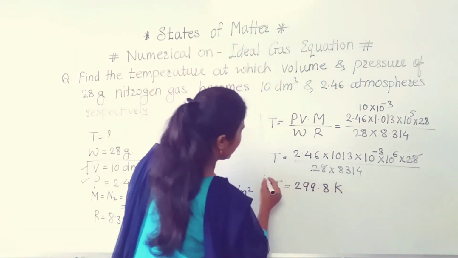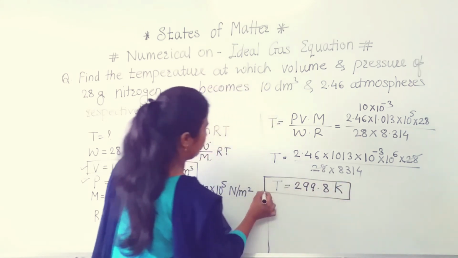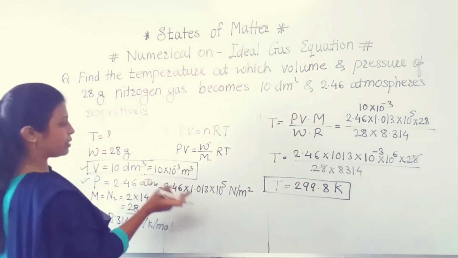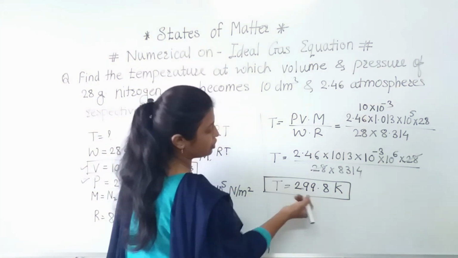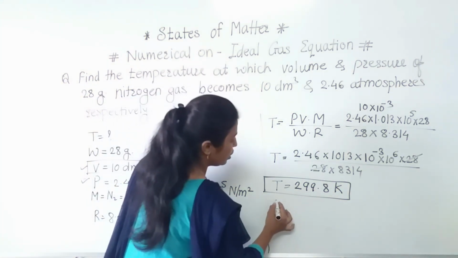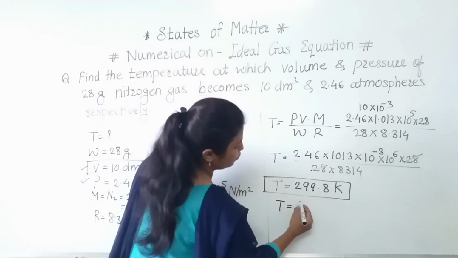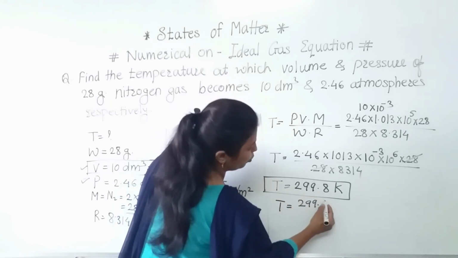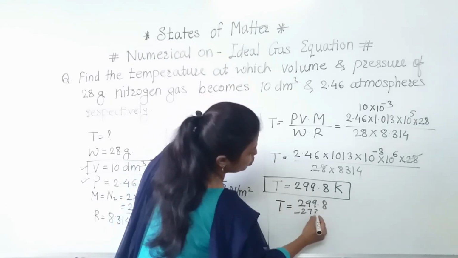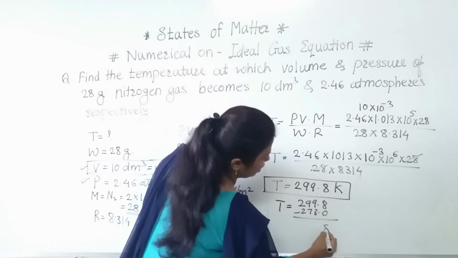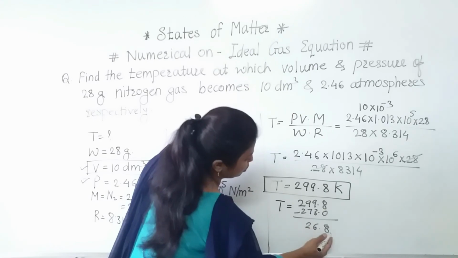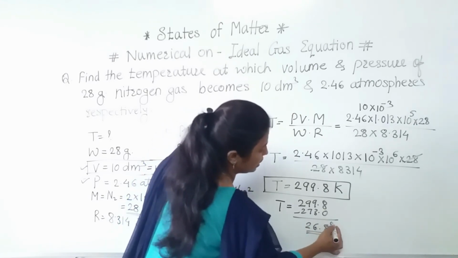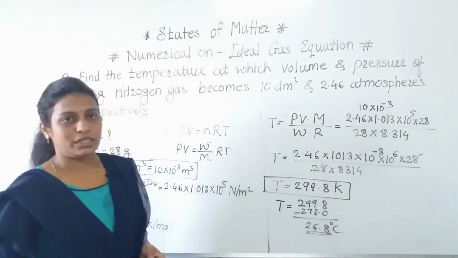That temperature we are getting in Kelvin. If we want this temperature in degree Celsius, then we just have to subtract 273. So 299.8 minus 273, and our answer will be in degree Celsius. So 26.8 degree Celsius will be the answer.